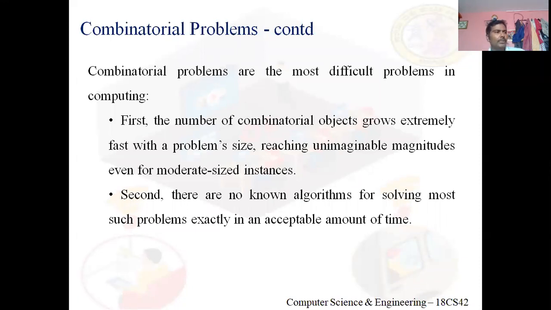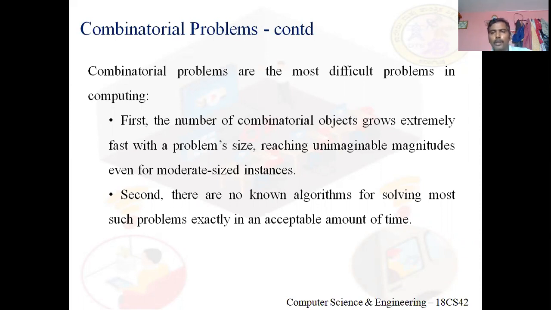To identify one particular subset, you need to list all 2 power n possible subsets, and then locate the one desired for your solution, your objective, whether to maximize or minimize.